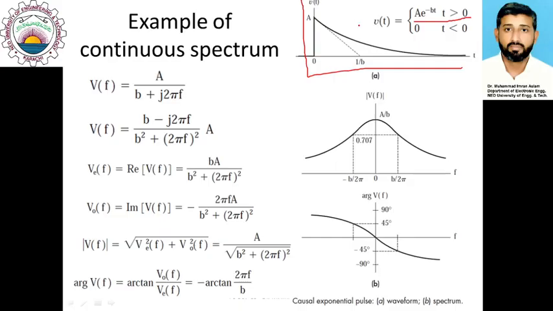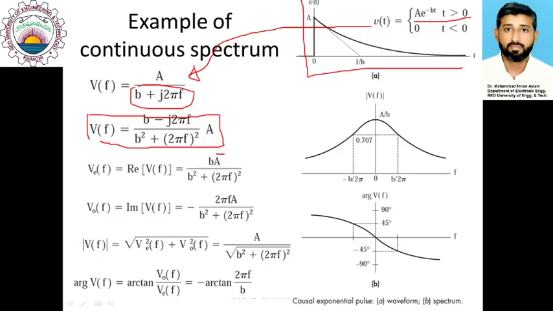If we transform this signal into the frequency domain using the Fourier transform, we would see this is the transform of the signal, and we can represent it in standard form by multiplying and dividing by the conjugate of the denominator. We can have real and imaginary parts of the signal. This one gives the real part and this is the imaginary part.